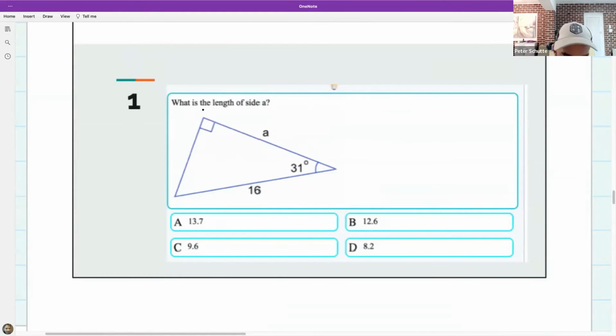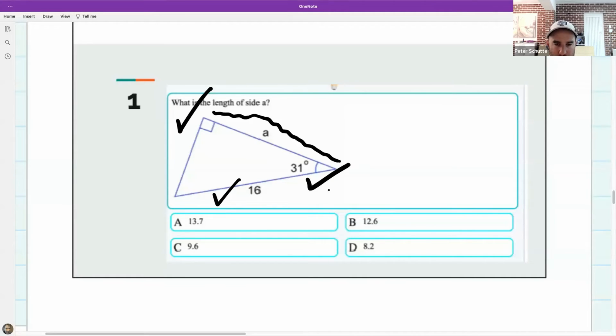So we first check, we need to figure out the length of A, which is this unknown side. And we're given 3 pieces of information. First, right angle. Second bit, another side. Third bit of information, an angle. What I'm now going to do is say, what have I actually got and what are the names of those things?